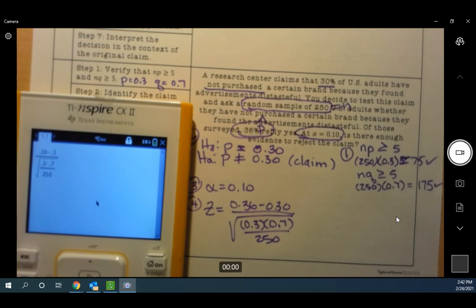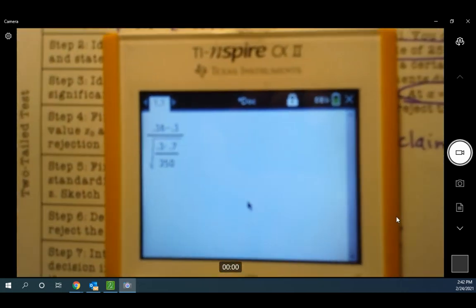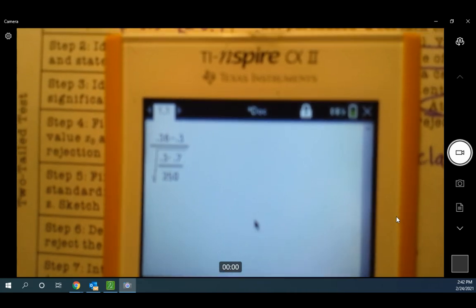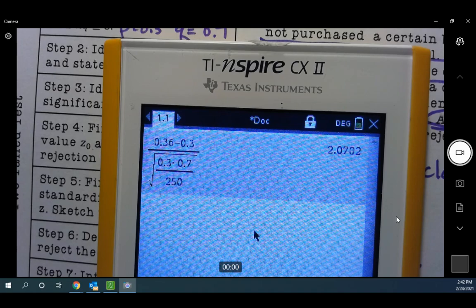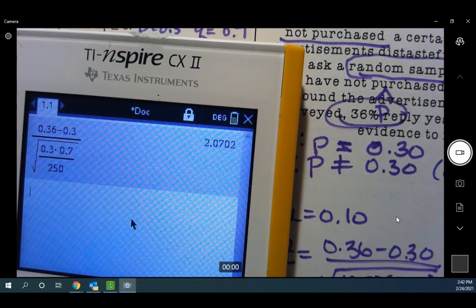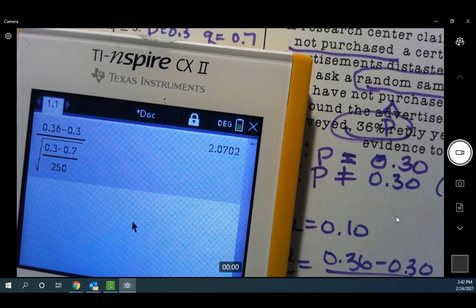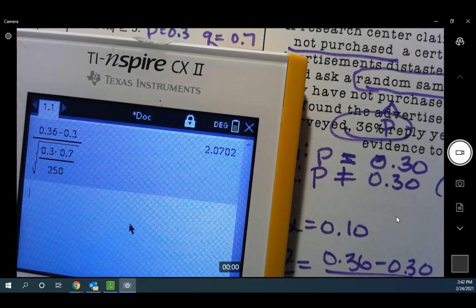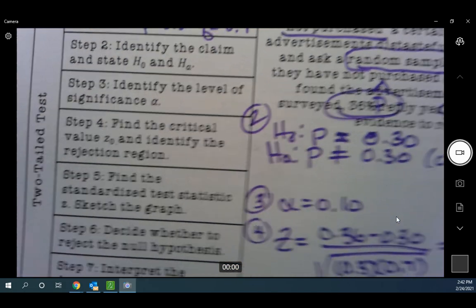So that's what it would look like in your calculator, if that's clear enough. So 2.07. Did I type that in right? Yeah, I had it wrong on my original paper. Dyslexia, sticking its ugly head in again.